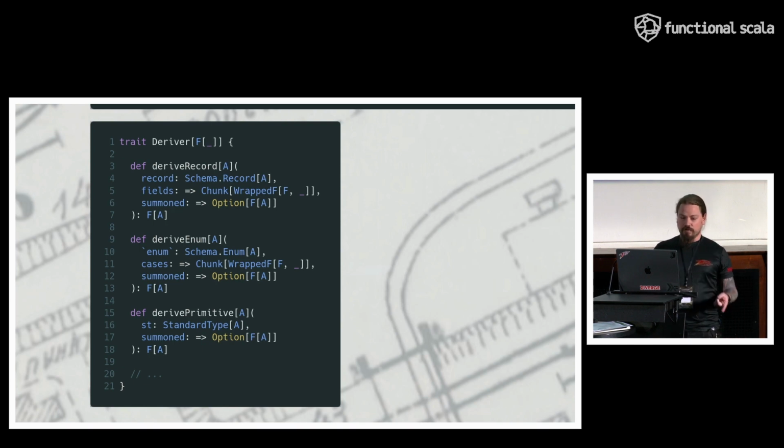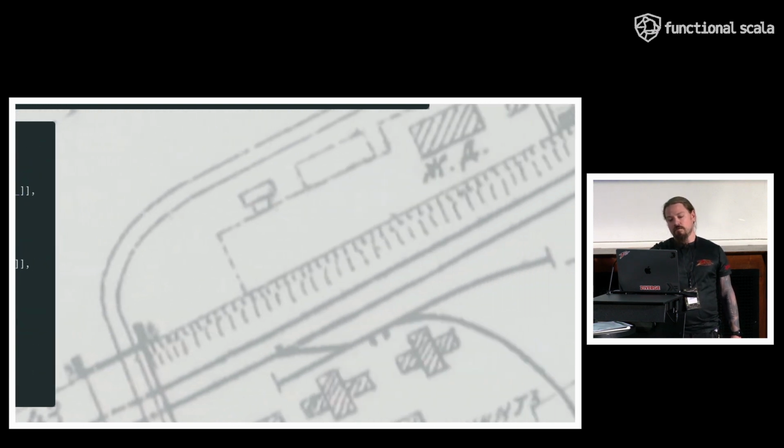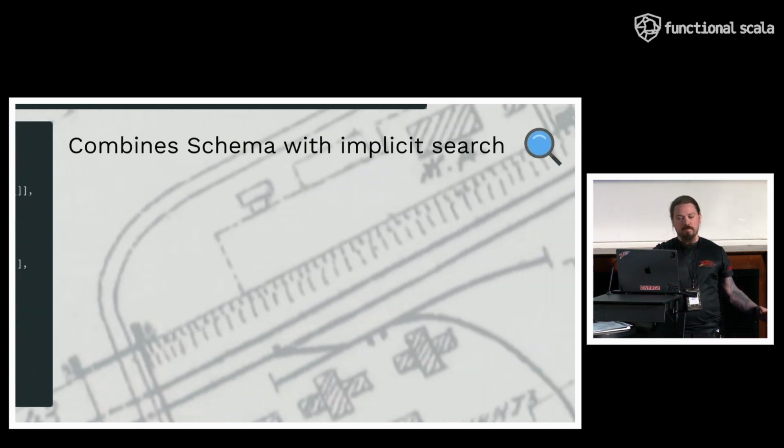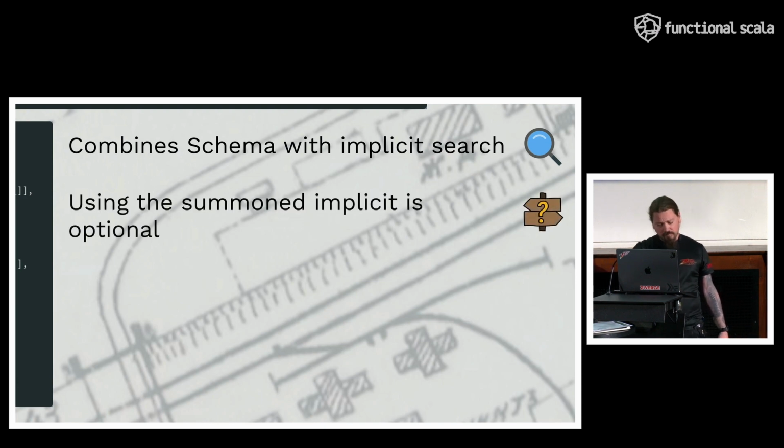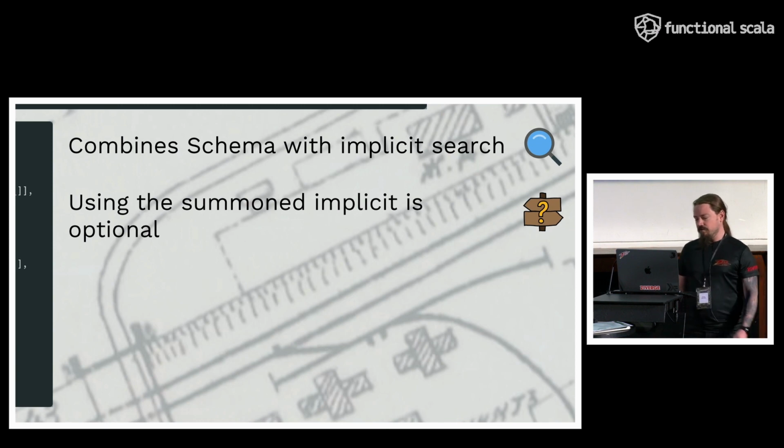And each of these is getting the ZIO Schema representation of the type and the summoned implicit for that given type if it's present. So it basically combines the ZIO Schema with implicit search. And when you are implementing this, using the summoned implicit is completely optional. So it's your choice whether you want to automatically just use the implicit that you found, and there is actually a shortcut to do that.